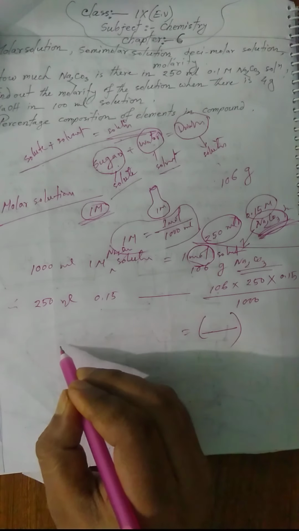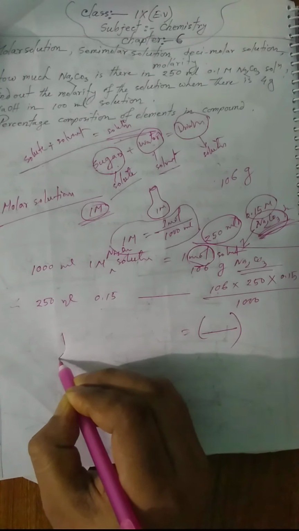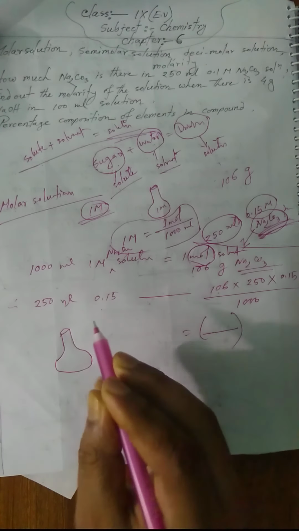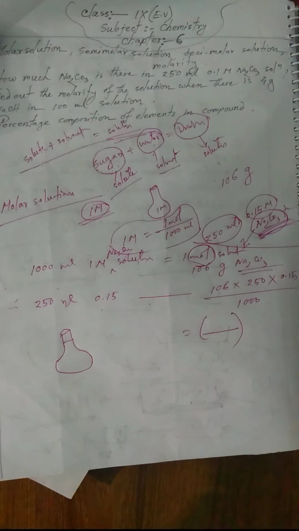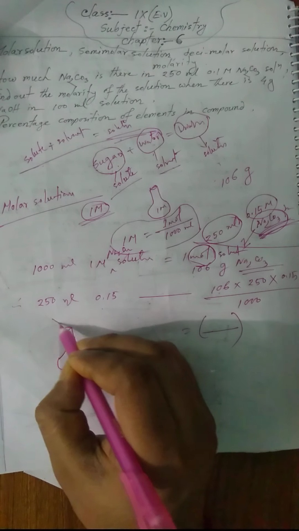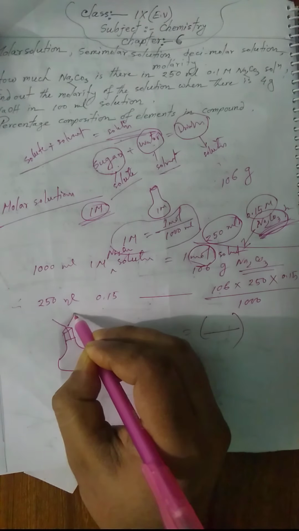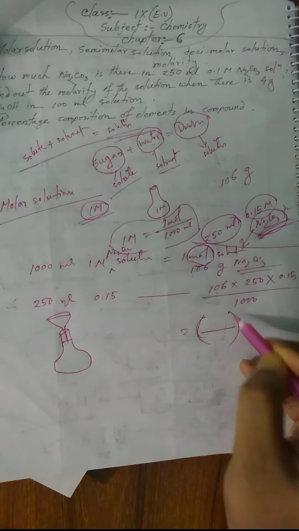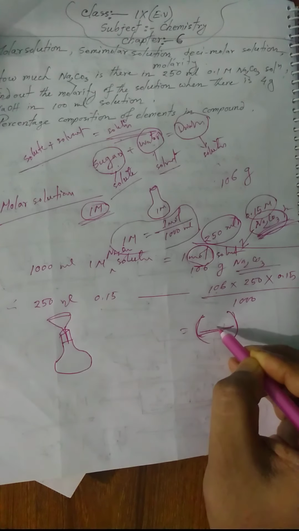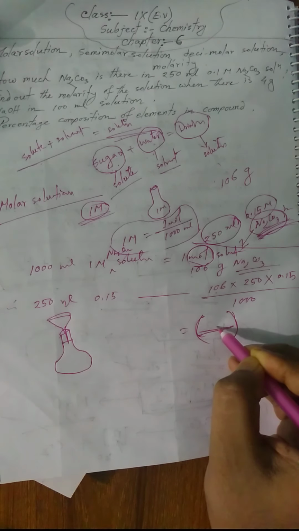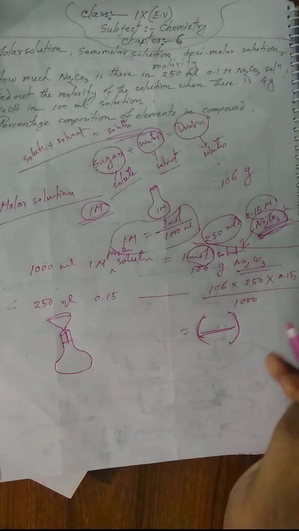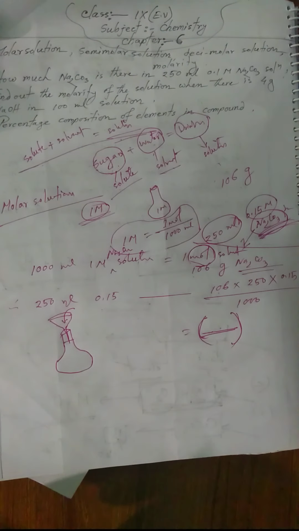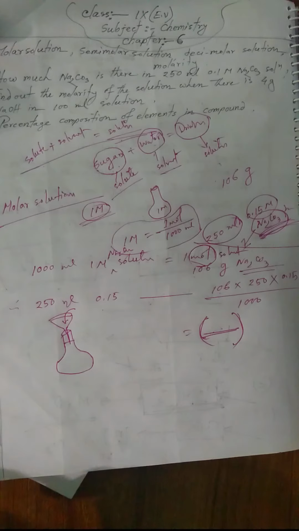After getting this amount, this is volumetric flask, this is funnel. After getting this amount, you have to measure by using balance machine and put it in this volumetric flask using funnel.